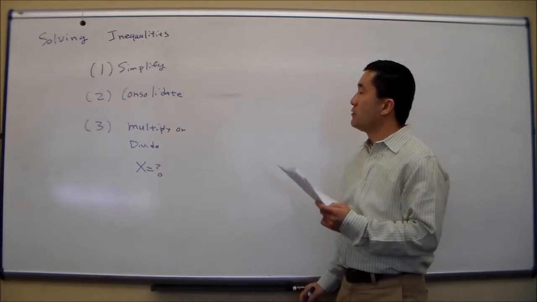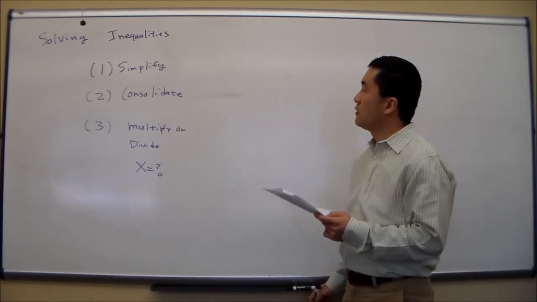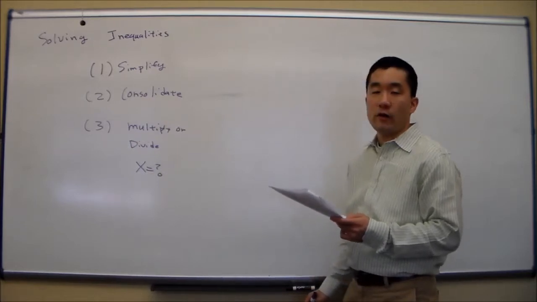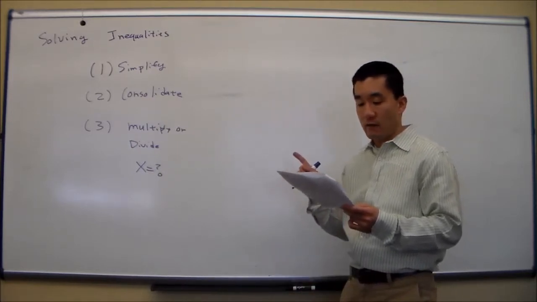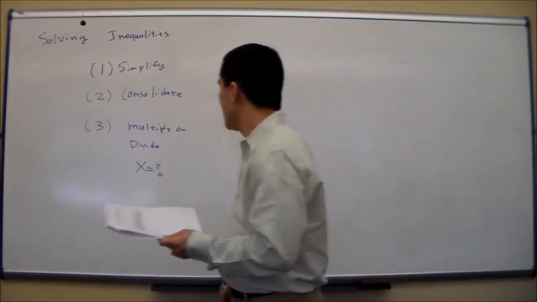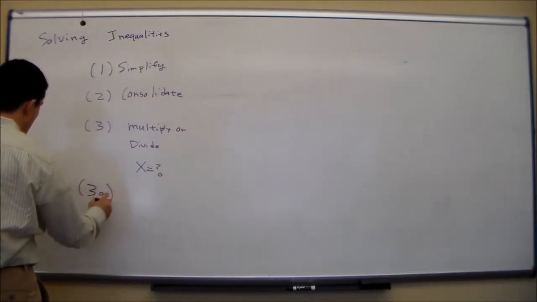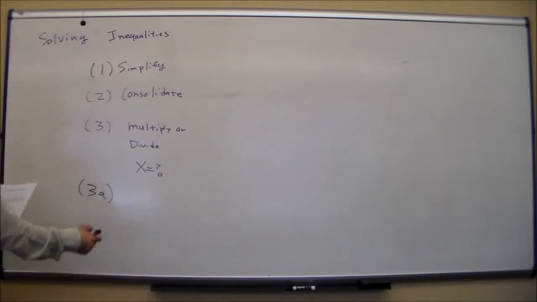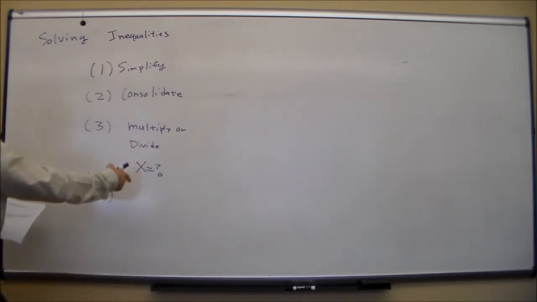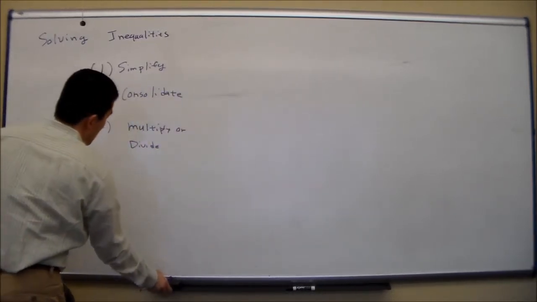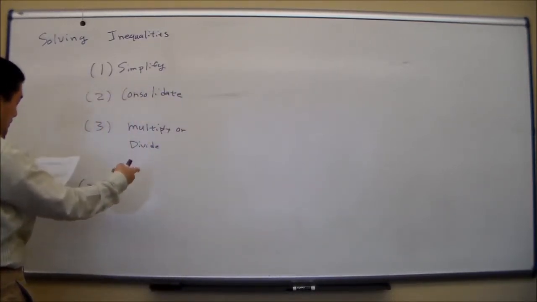If you read the notes, you notice that solving inequalities is almost exactly like solving equations, except there's one tiny addition, 3a. Which says, at the end, you multiply and divide to get to something similar to x equal to something.